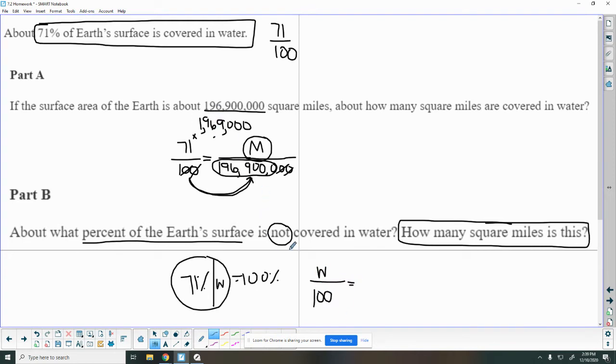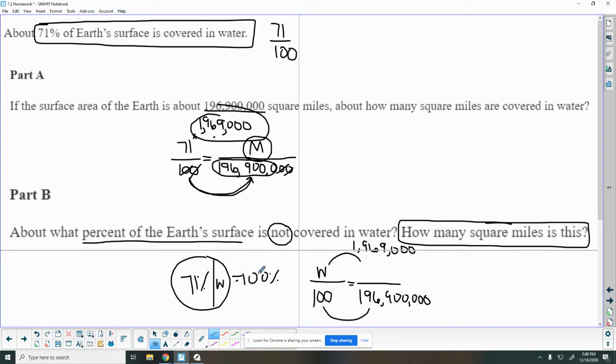Well, actually, we know Earth again. So we know 196,900. So we're going to do that same thing here, which we know we had to times by this number here. So we're going to do the same thing to the top and times by 1,969,000.